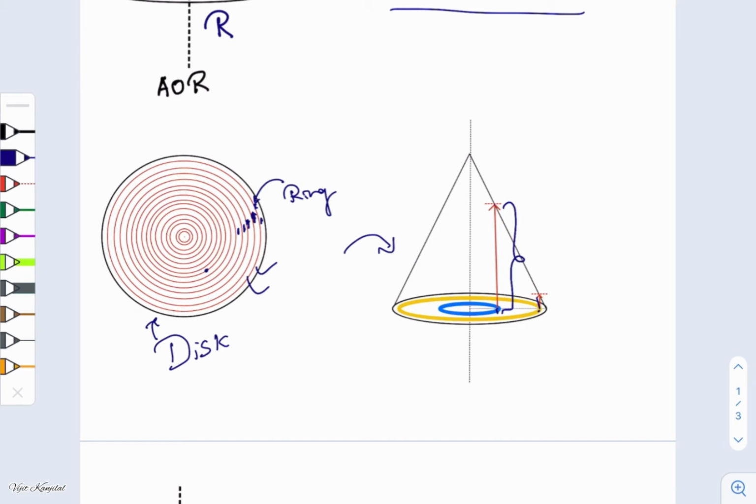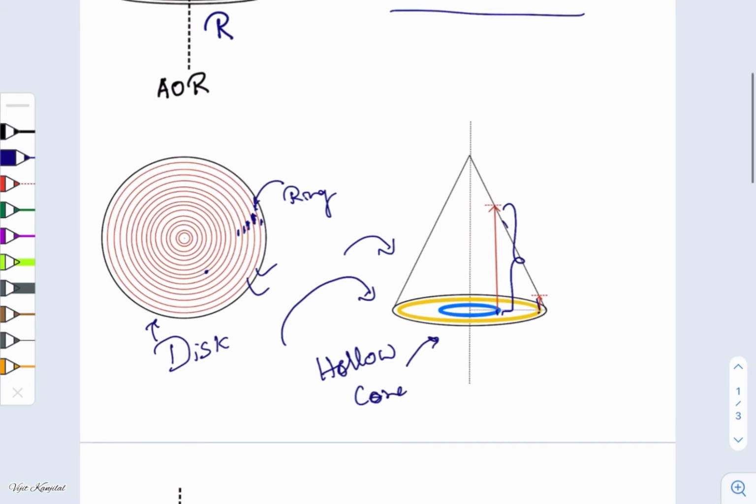So if we lift each and every strip to a particular height so that the strip touches this particular line, we are going to eventually generate a hollow cone from a disk.